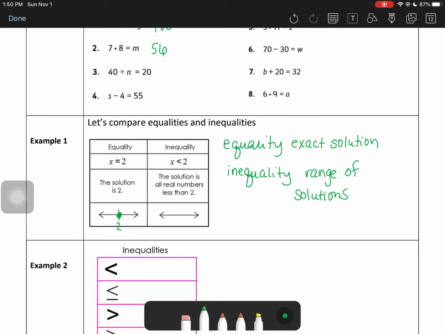In this case, it says x is less than 2. So that means all real numbers that are smaller than 2. So we're going to put a circle at 2 to show it can't be 2, but it's going to be everything that's smaller than 2, like 0 or 1 or negative numbers.